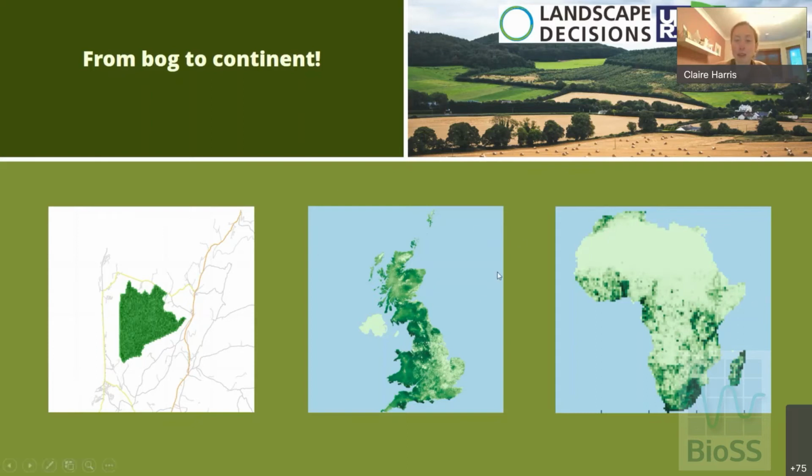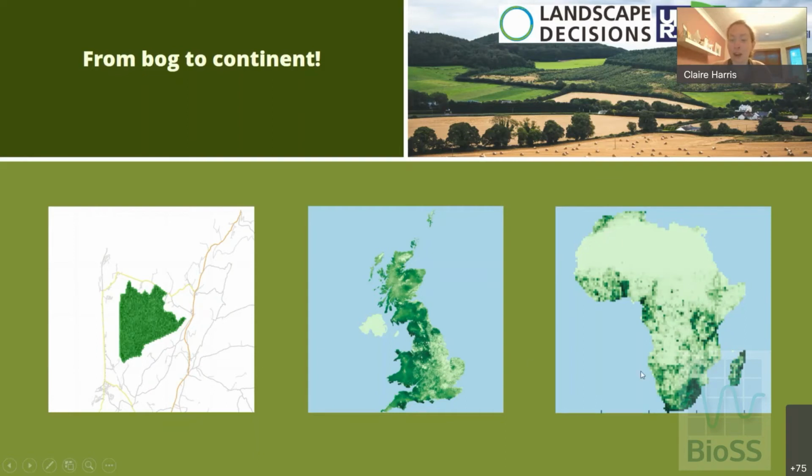And then in the middle, we've got our intermediate scale, which I talked about before, which is thinking about the UK on a 1 kilometre grid. And obviously that involves lots of different habitats, lots of different types of land use, and in some ways more, and then also less complexity than the bog example.